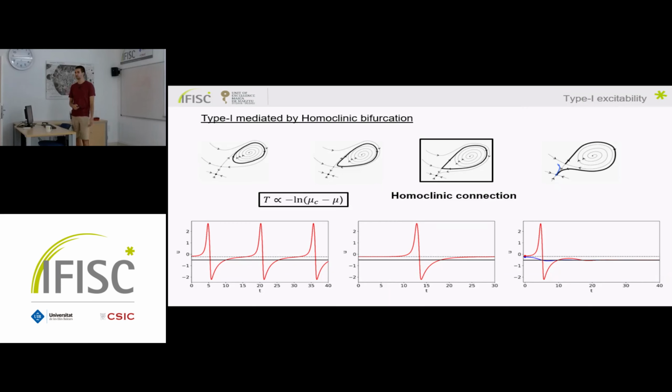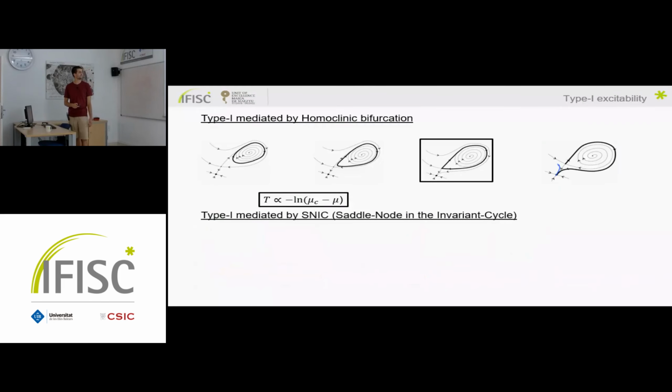There are other ways to get into type 1 excitability. For example, a SNIC, that is a saddle-node invariant cycle. It is similar to the other one, but here we have a cycle again, and at some point there's going to be a saddle-node bifurcation, that is a bifurcation where two different fixed points are created, and it's going to happen on that cycle.